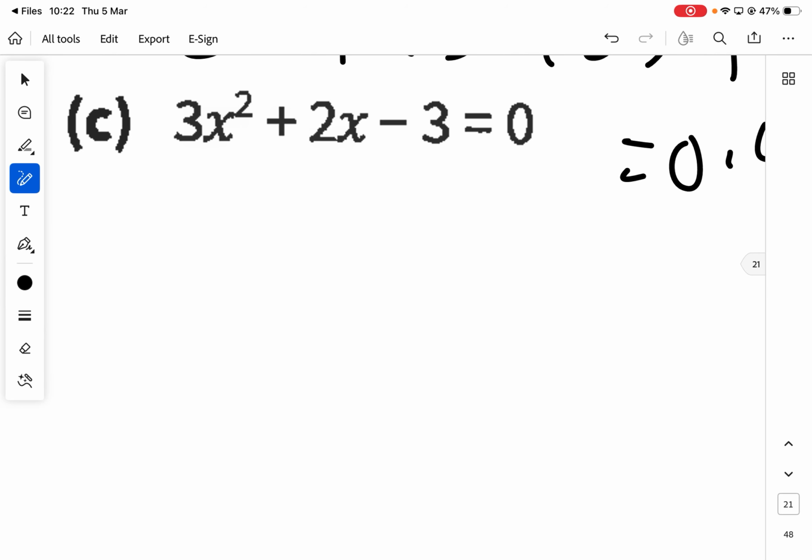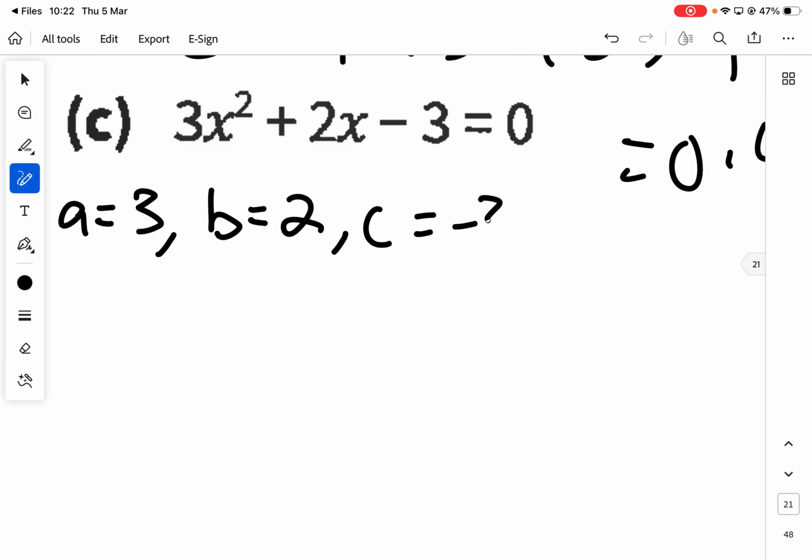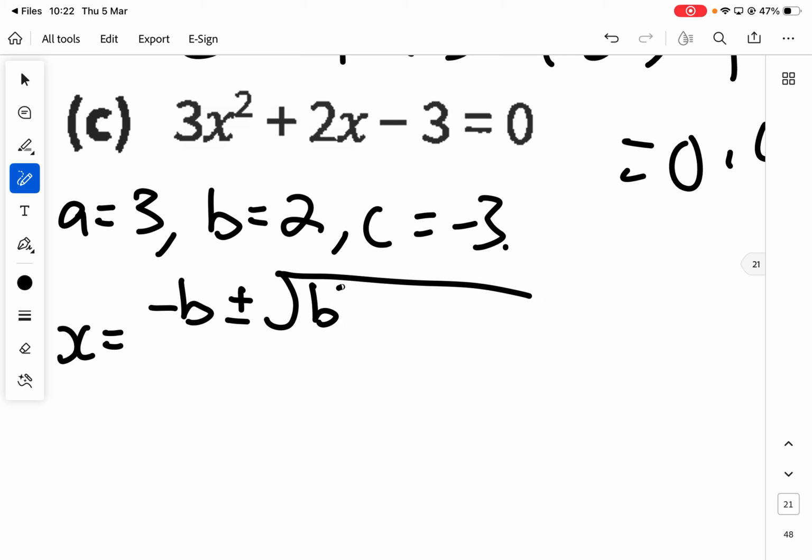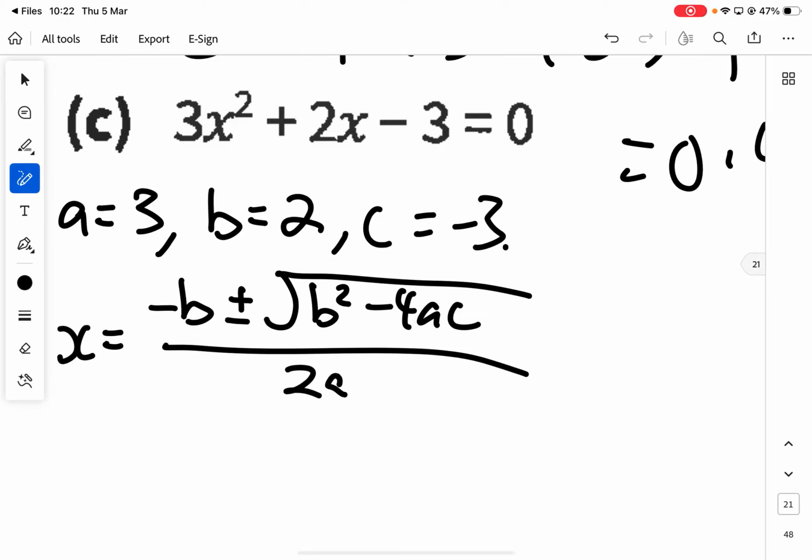Okay, for part C, same. Write down what is your A, what is your B, what is your C. A is 3. B is 2. C is negative 3. Then, formula. Negative B, plus or minus square root of B squared minus 4AC, over 2A.